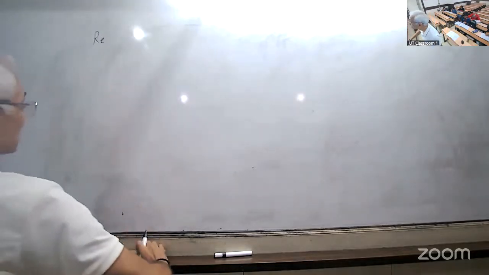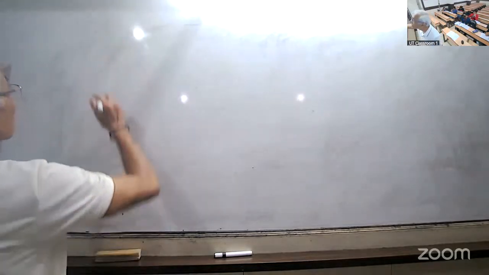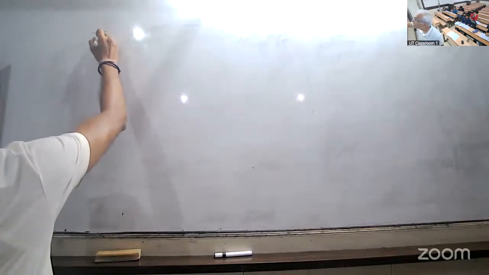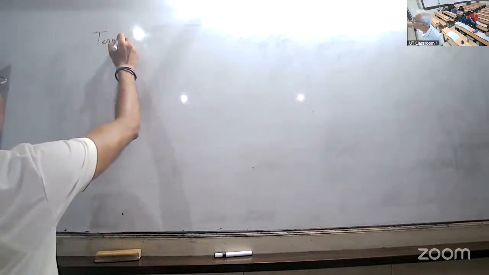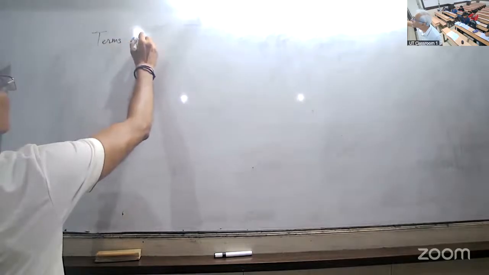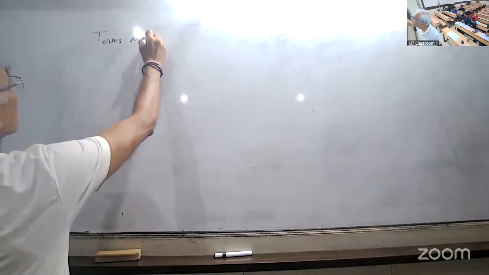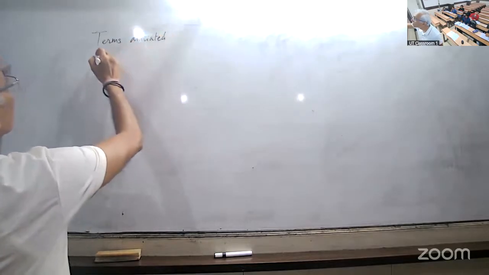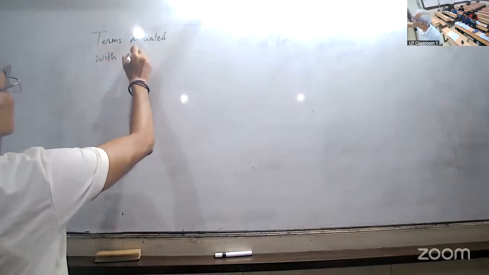Then there are some terms: center of curvature, radius of curvature, pole, aperture, principal axis. Did we do that? No. Okay, so let us see the terms associated with spherical mirrors.